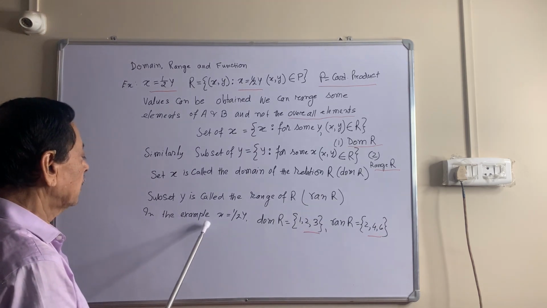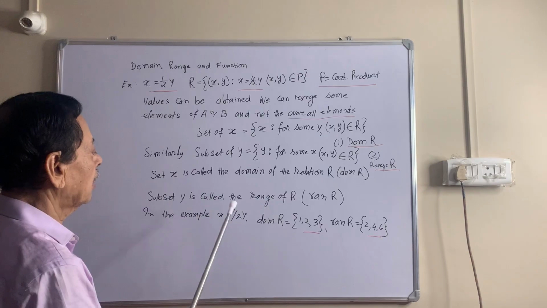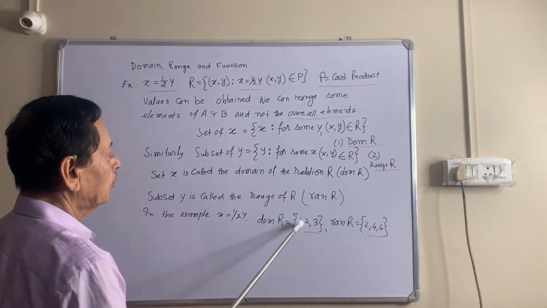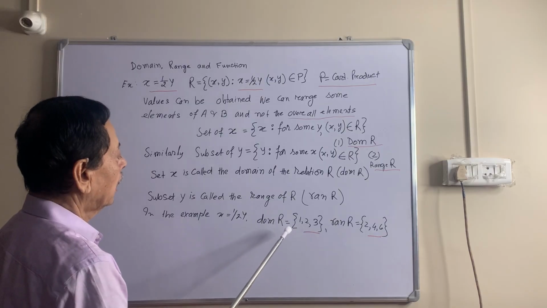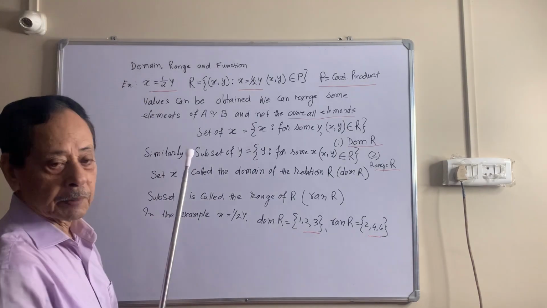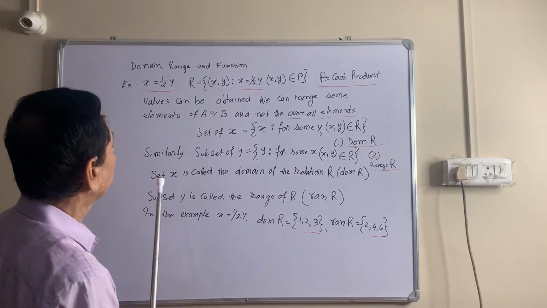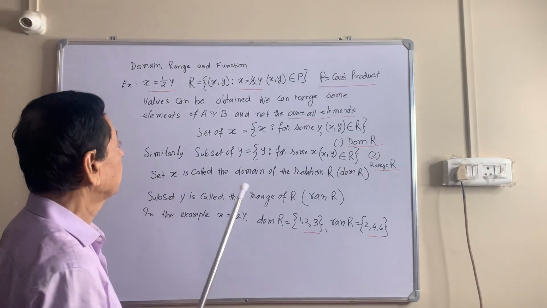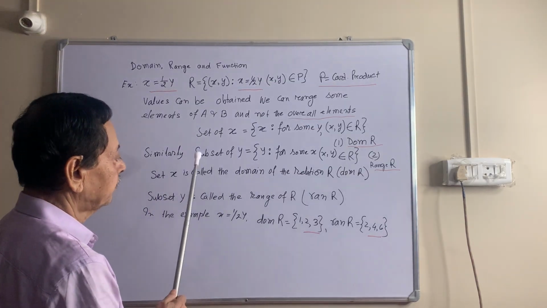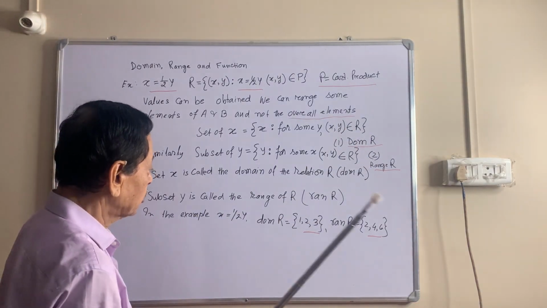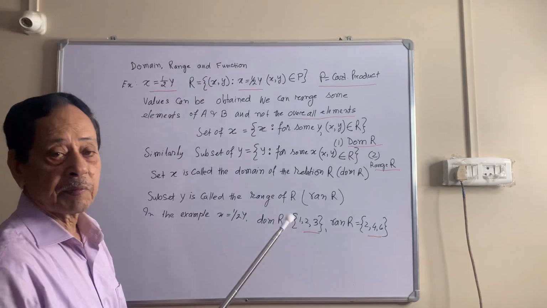Now in an example, x is equal to half of y, then what will be the domain? The domain will be 1, 2, 3. This example has come from the previous topic about relations, when we talked about the tossing of a dice: 1, 2, 3, 4, 5, 6.